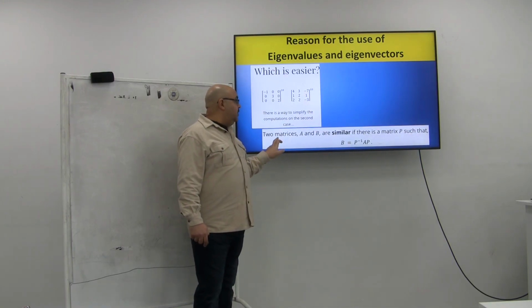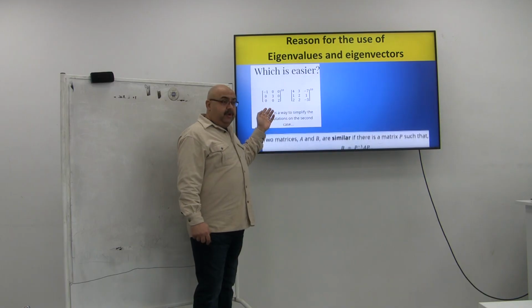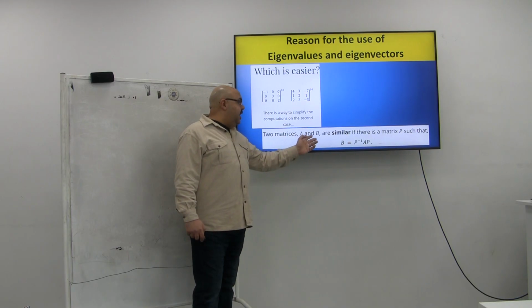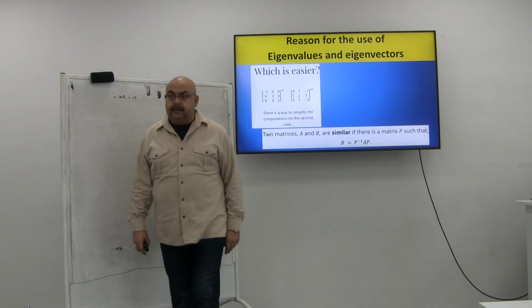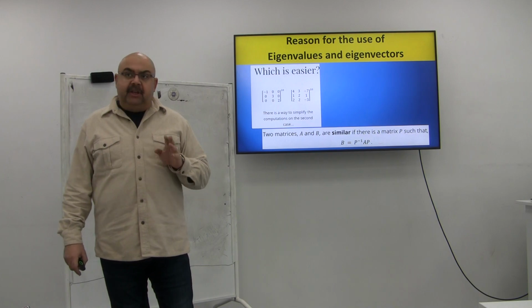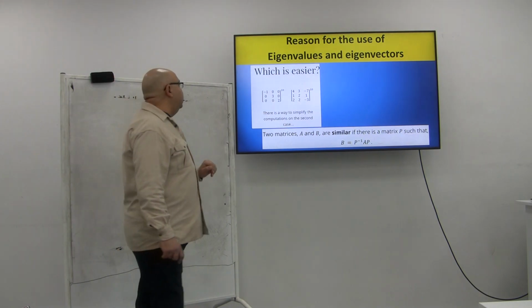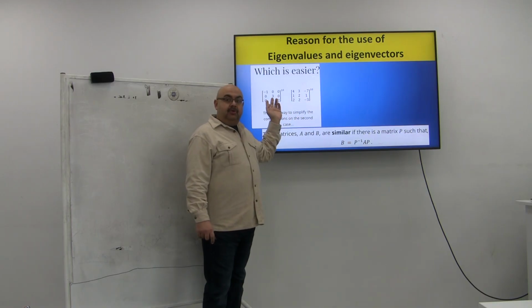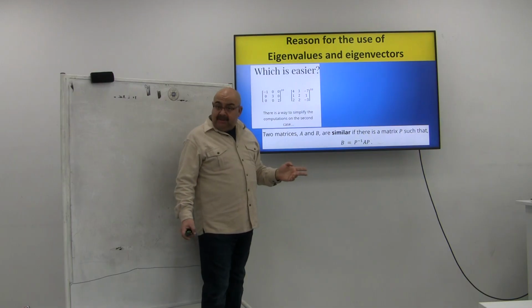From this definition of two matrices, we now come to the point: if I have A and B and they are similar matrices to each other, the process of eigenvalues and eigenvectors helps you get a similar matrix to this matrix, but in diagonal form. So you will take advantage of the various properties of a diagonal matrix.